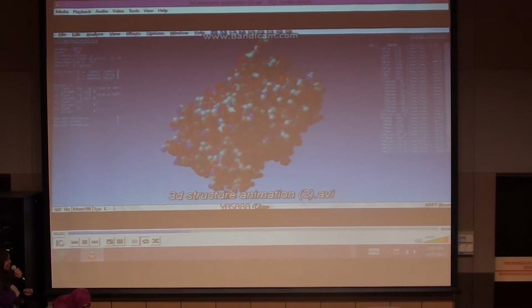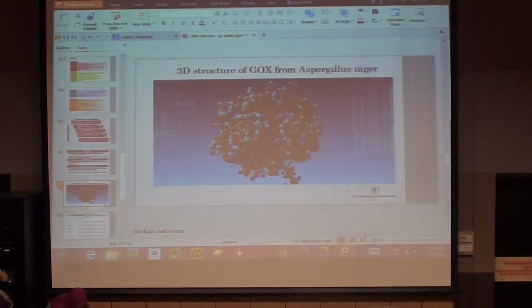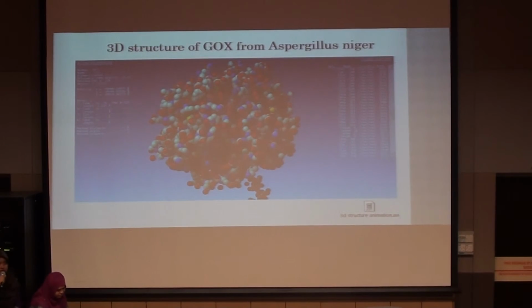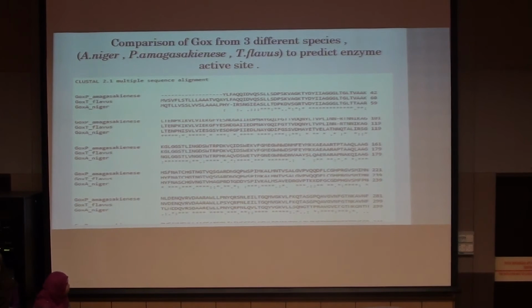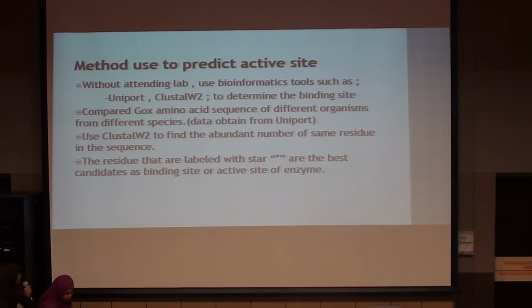Okay, so to obtain the active site or binding site of an enzyme, we use UniProt and Clustal W2 to determine the binding site.